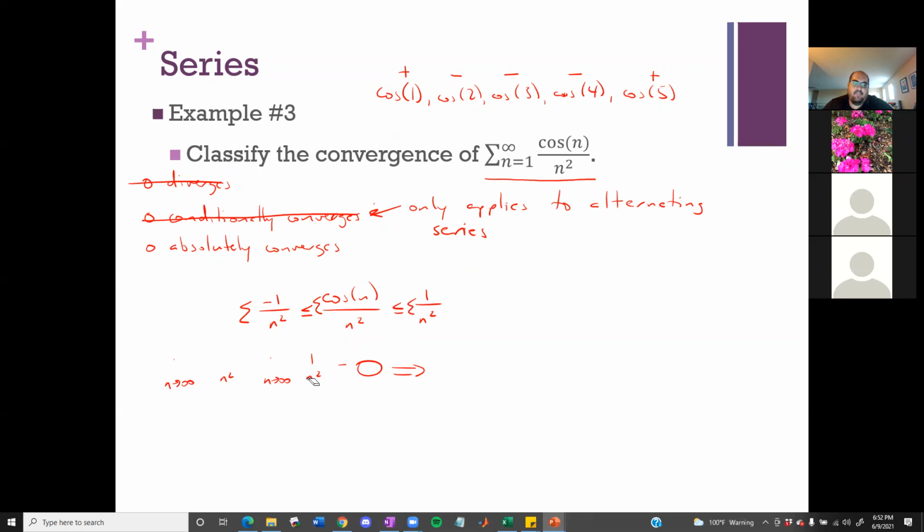And in that case, what helps me is knowing that the series on the left and the series on the right both converge because of the p-series. So the one in the middle has to as well. All right, any questions on this one? Are we okay with why I am saying this is not an alternating series? Okay.